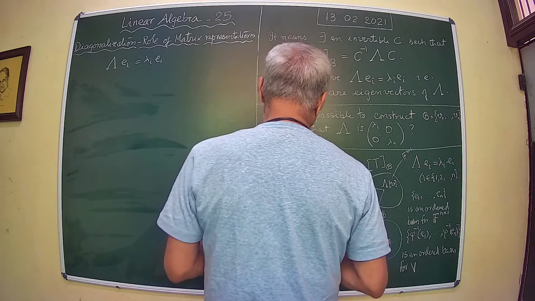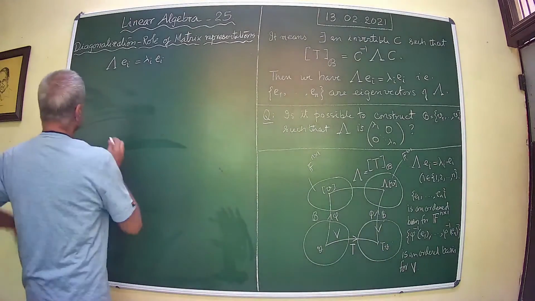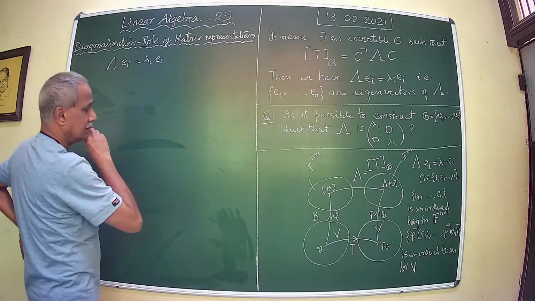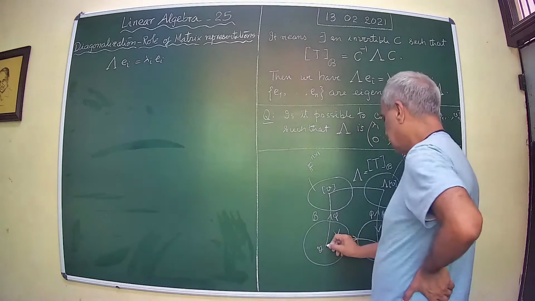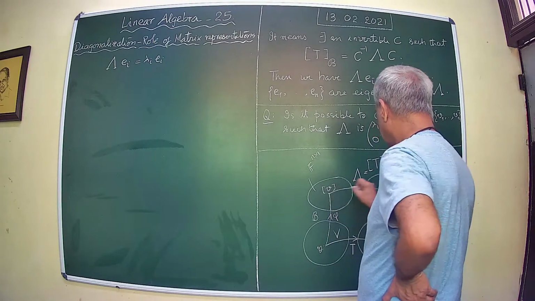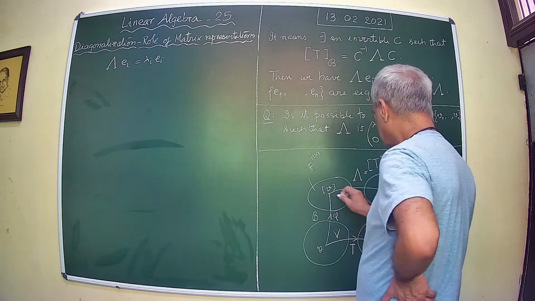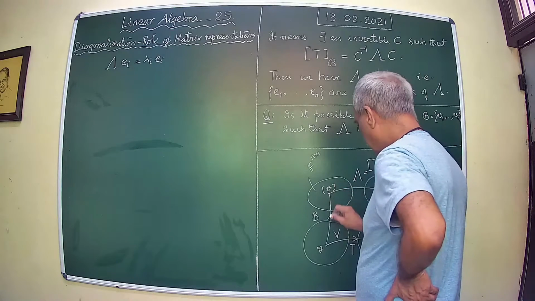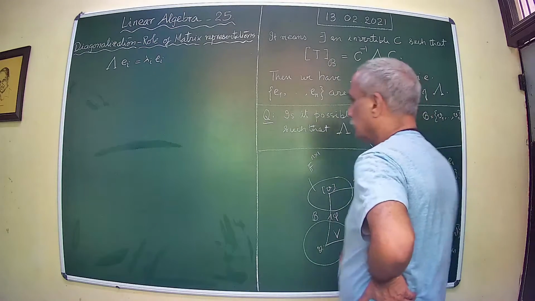Okay, and what is this lambda? Lambda is, okay, let us work out lambda. Lambda is in fact phi inverse T phi.